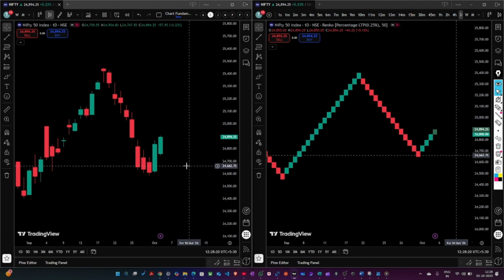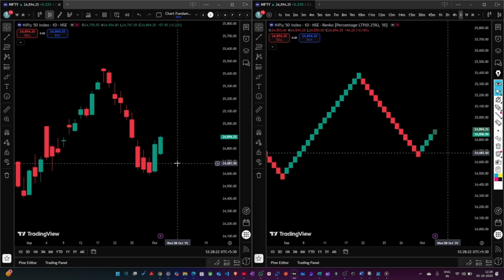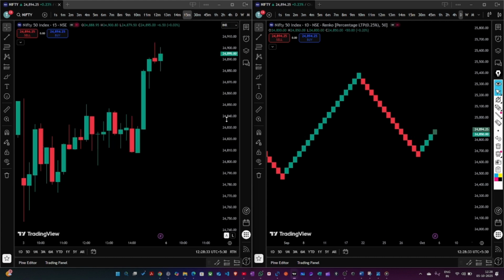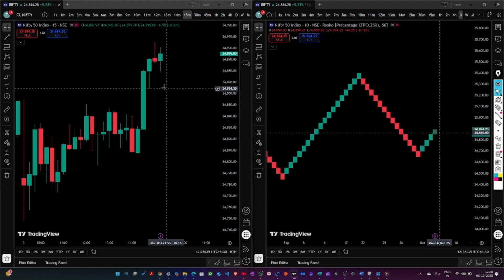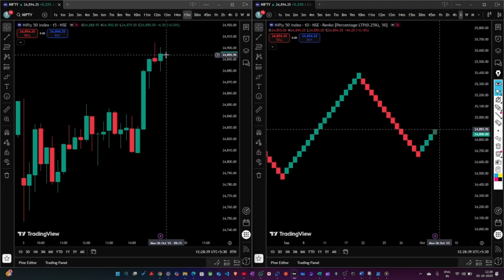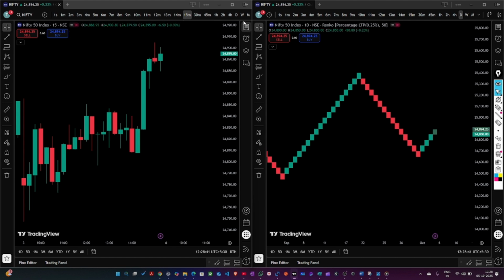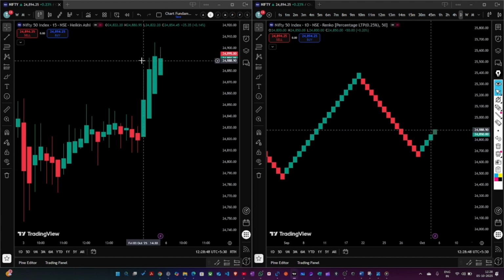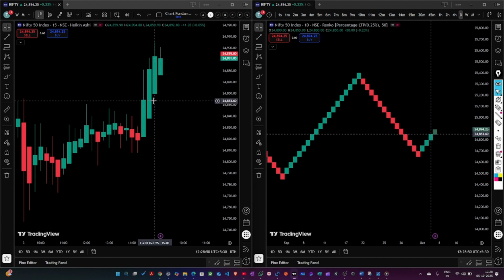That is irrespective of the actual price movement in the time frame that you have chosen. Let's say I've chosen 15 minutes. Irrespective of how much the price has moved, a candle will be plotted showing you what happened in that 15 minutes. The same goes with Heikin Ashi as well. Irrespective of what has happened, at the end of 15 minutes, a candle is plotted showing you what has happened.